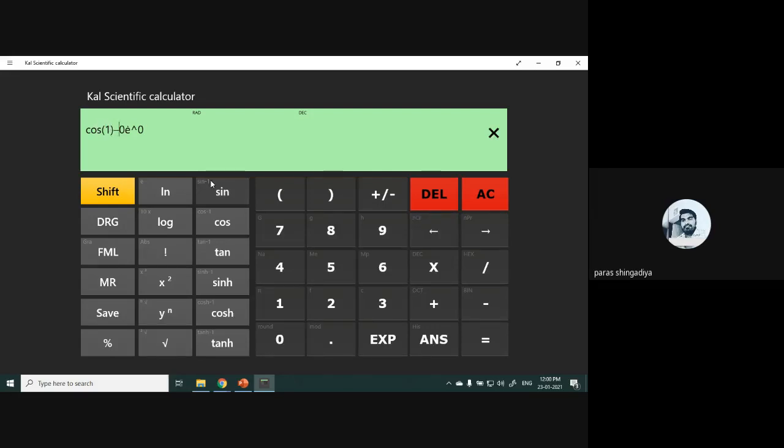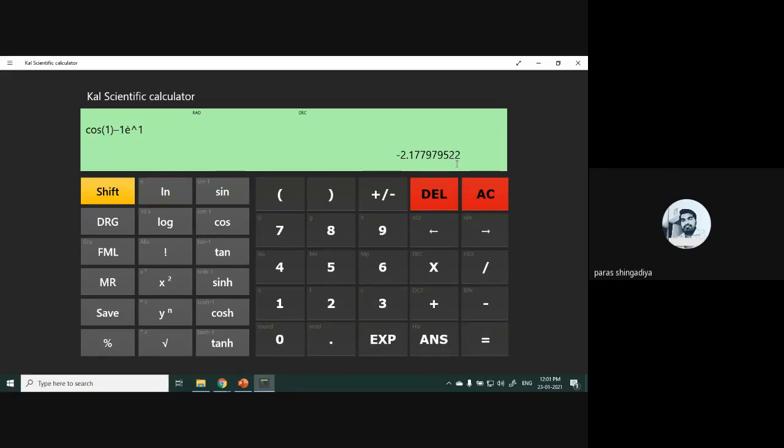Replace with 1, then e raised to 1, cos x minus x e raised to x. So now the output will be minus 2.1780 and so on, rounded.